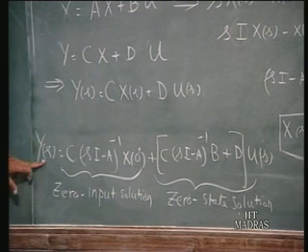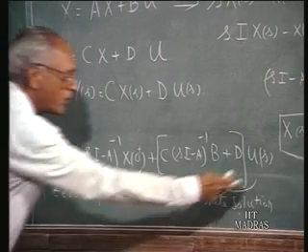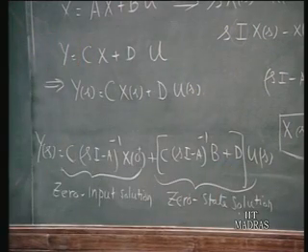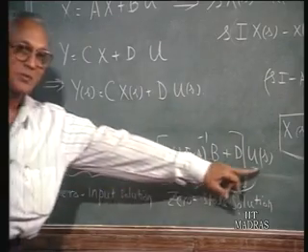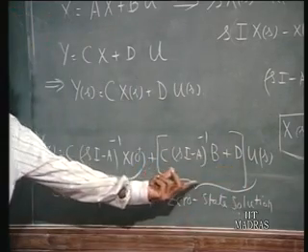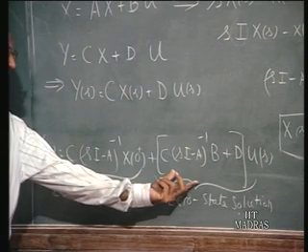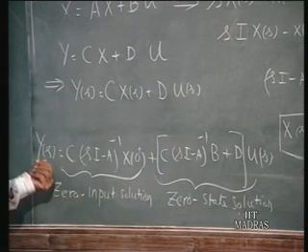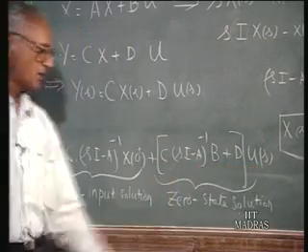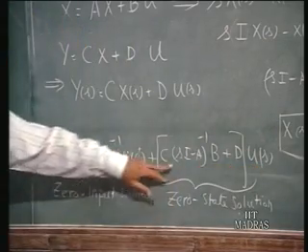That means Y(s) is a scalar and U(s) is a scalar, just one quantity. And the initial conditions are 0. Therefore, the ratio of the Laplace transform of the output to the Laplace transform of the input is just this quantity.